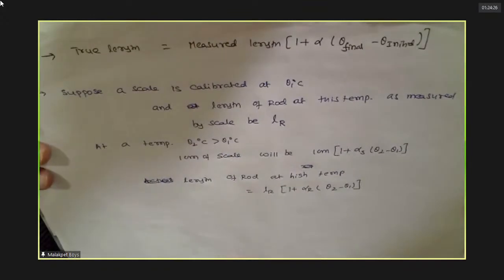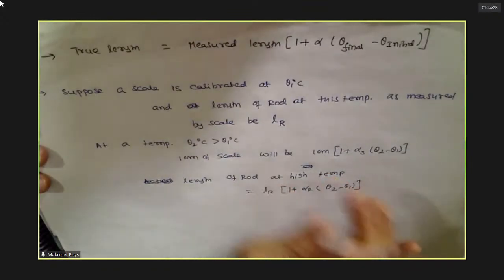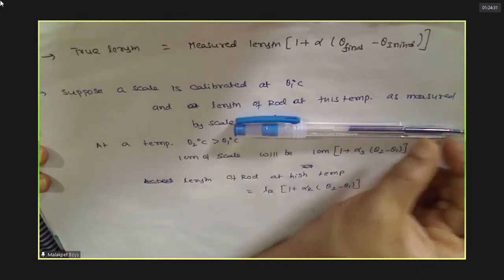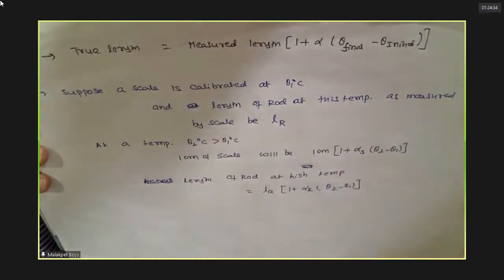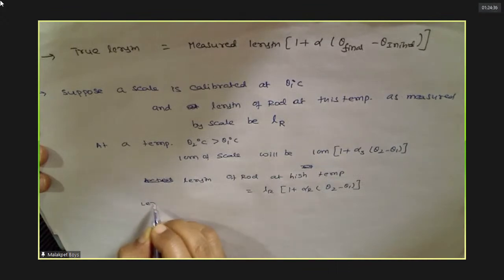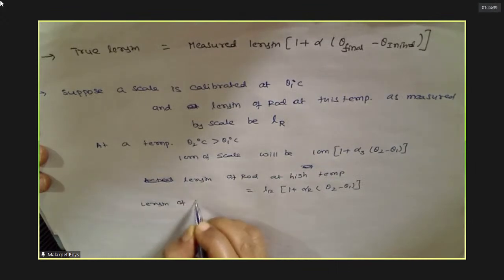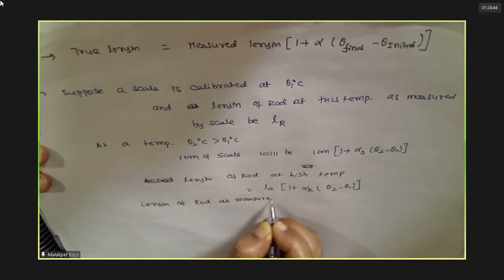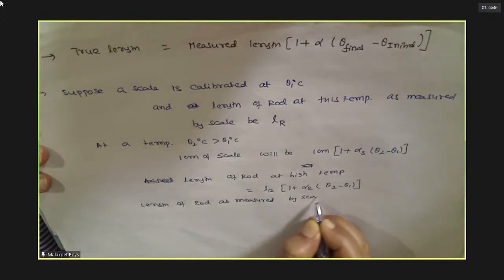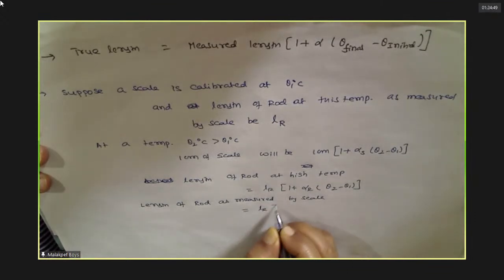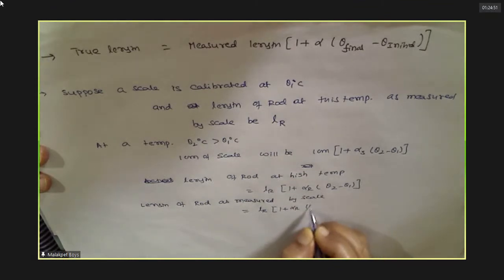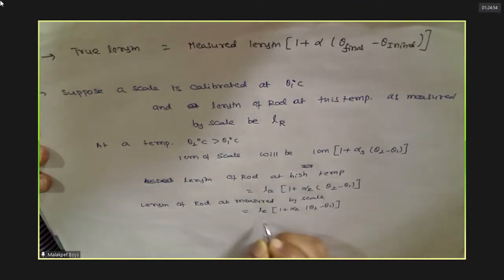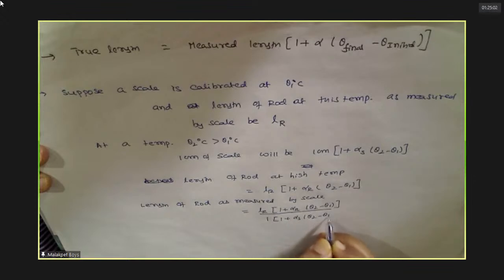Now, see, how do you make a measurement? You will say, see, this pen is 10 centimeters, means there are 10, 1 centimeter markings, no? So here, the length of the rod as measured by the scale is the actual length divided by how many centimeters of scale there are. Do you agree with this or not?